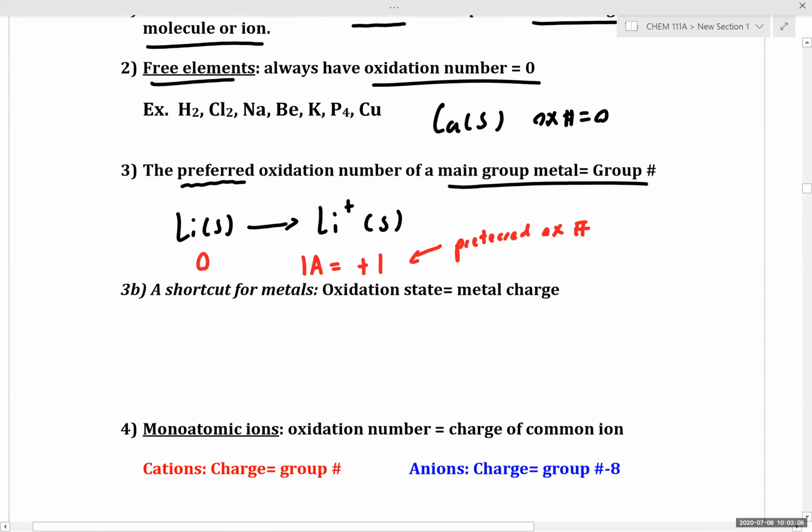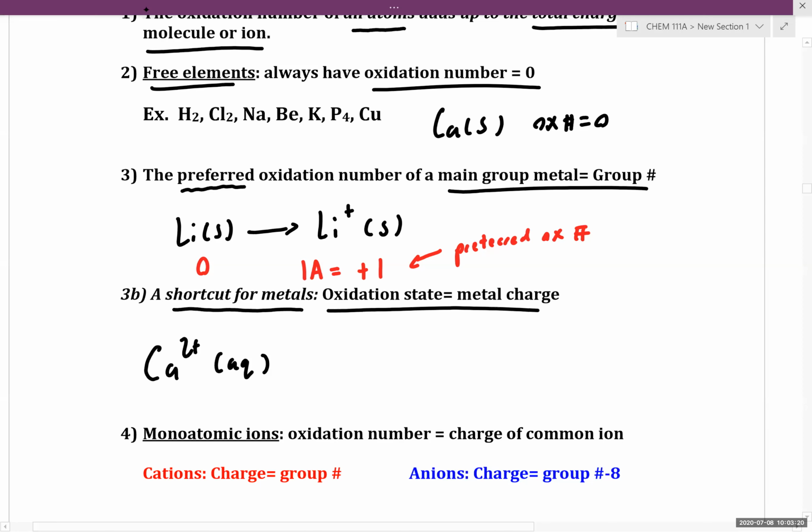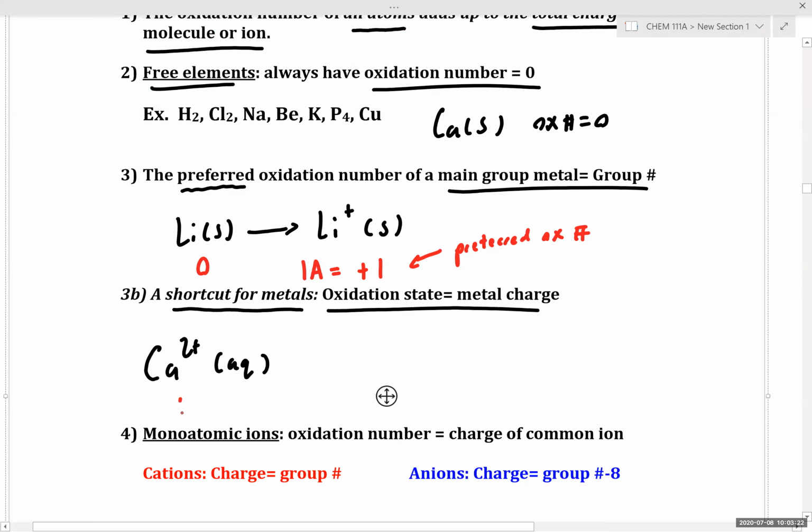Now, there's a wonderful shortcut for metals in that the oxidation state is equal to the metal charge. So for example, calcium 2+ aqueous would have an oxidation number of +2.